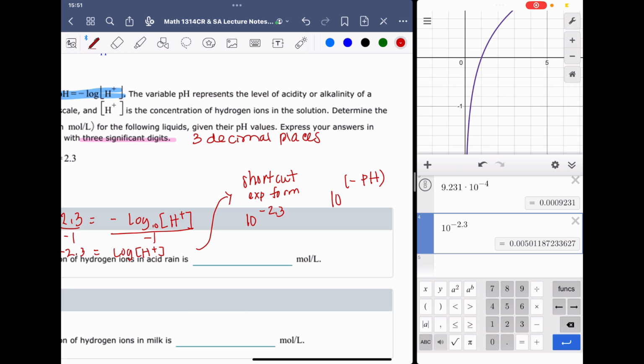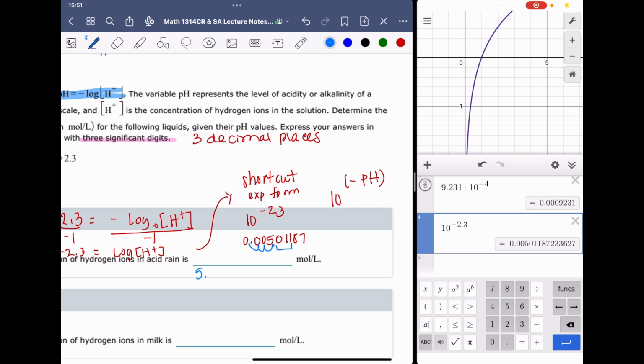So then I get 0.005011187. I just write down as many numbers as I can. So we're going to make the scientific notation and then 3 decimal places for that. We have to move our decimal between the 5 and the 0. So 1, 2, 3. So our value is going to be 5 point, and then I need 3 decimal places here.